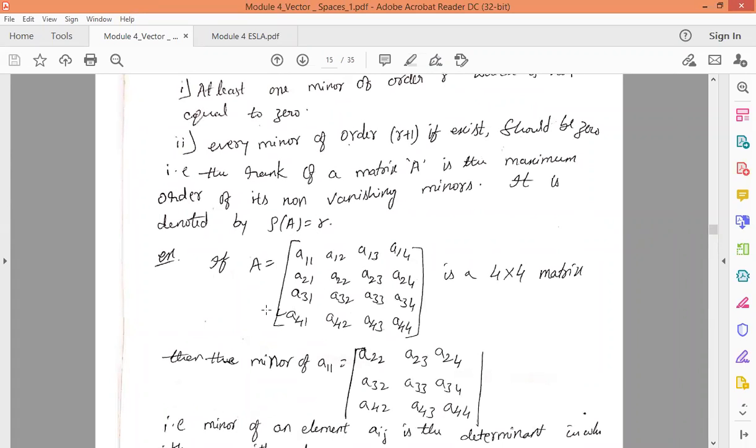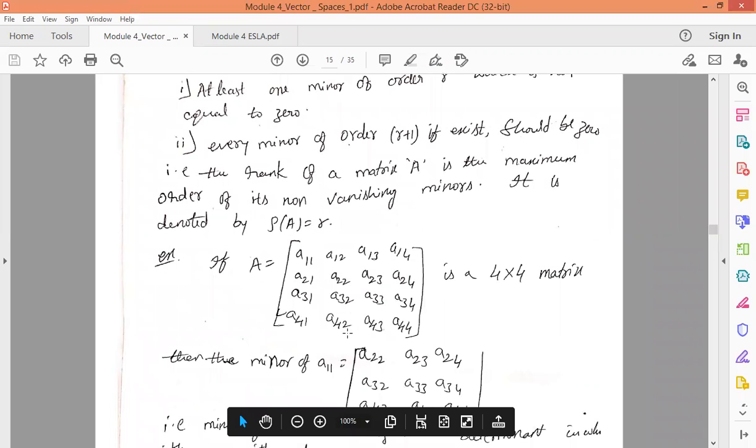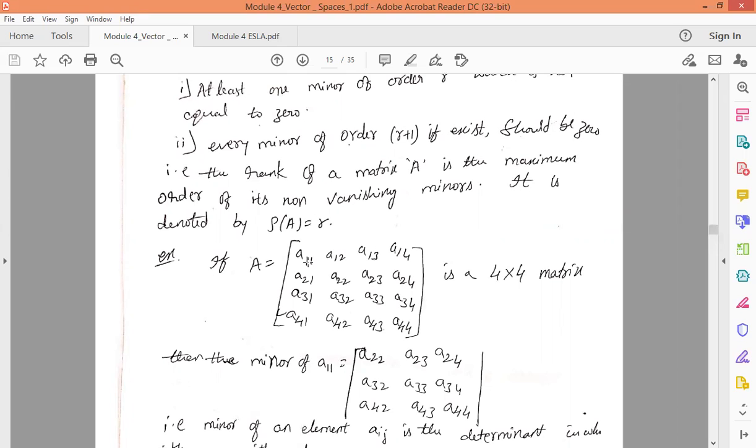Here one matrix is taken which is of order 4 by 4, defined by the various elements A11, A12, A13, A14 up to A41, A42, A43, A44. Then the minor of A11. We are going to look at the calculation of minors also, which will come in module 5.